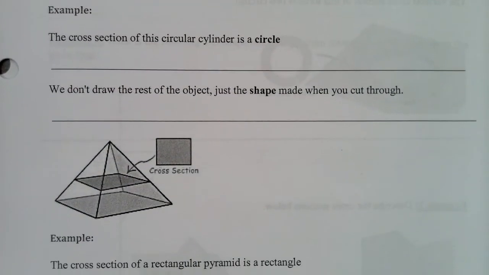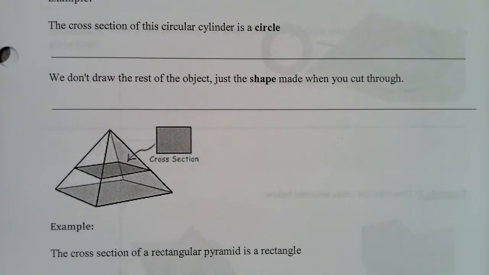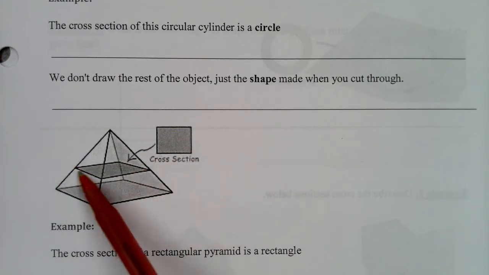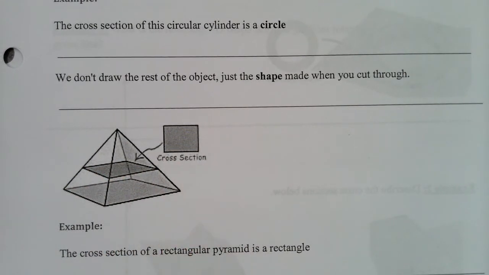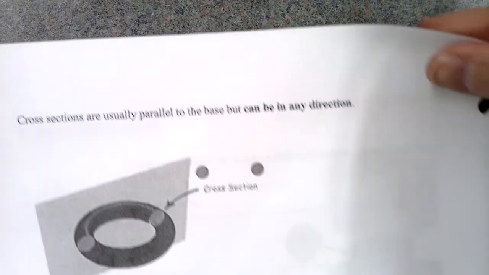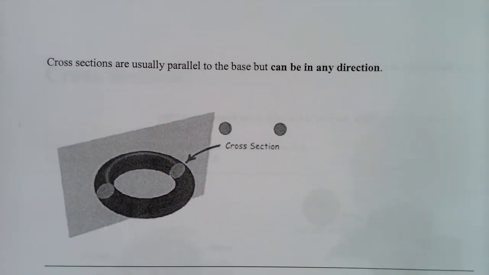Let's say we have a rectangular pyramid. Let's say we cut through it horizontally. The cross section is a rectangle. Cross sections are usually parallel to the base, but can be in any direction.